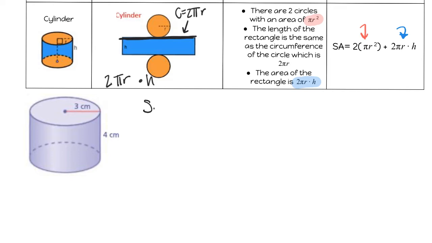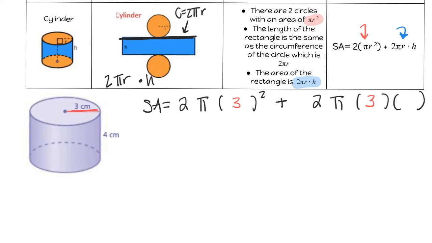My surface area is 2 times pi times the radius squared. Right here my radius is 3, plus 2 times pi times the radius times h. Well, my radius was 3, and my height is right here, the space between the 2 circles, and it's 4 centimeters.